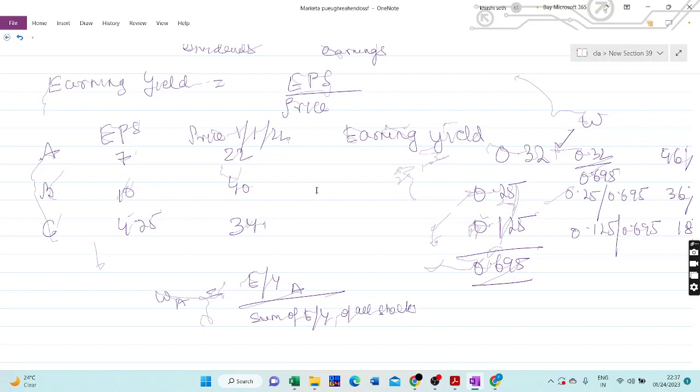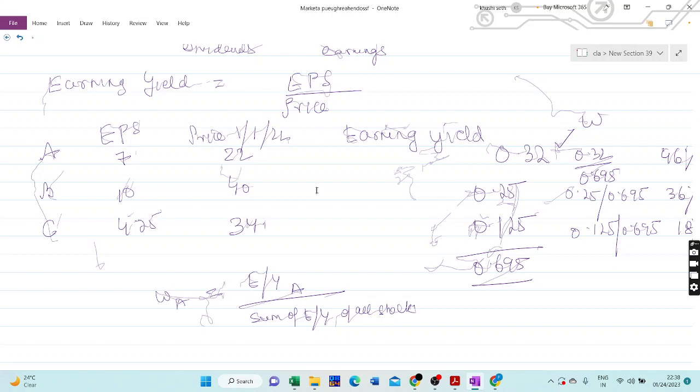Please note this: value stocks have the highest weightage in a fundamental weighted index.